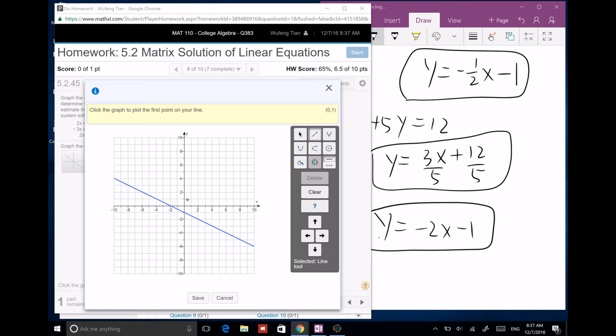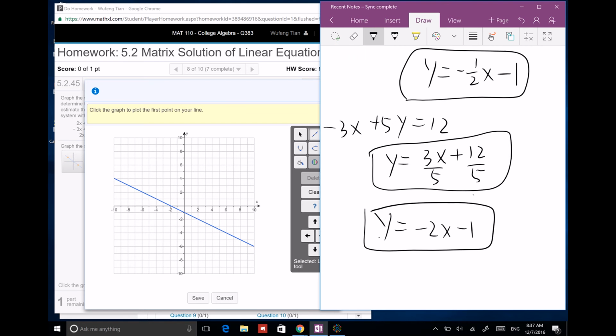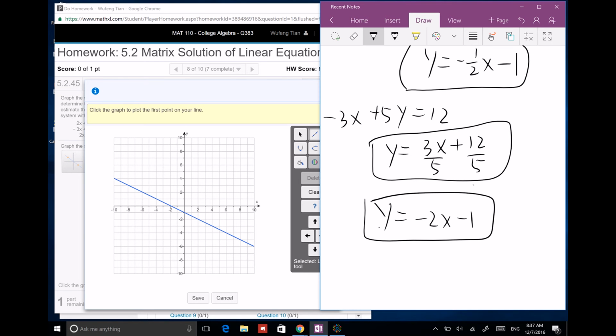I cannot do that, it has to be integers. I need to make an integer. It's 12 over 5. So if x equals 5, then y is a decimal, and if x equals negative 5, y is a decimal. So how do I type the decimals?